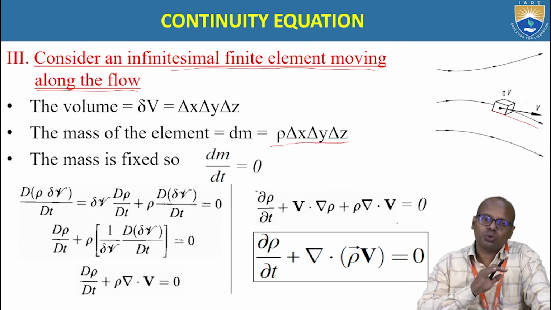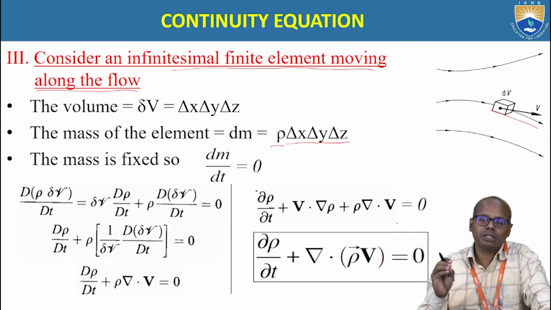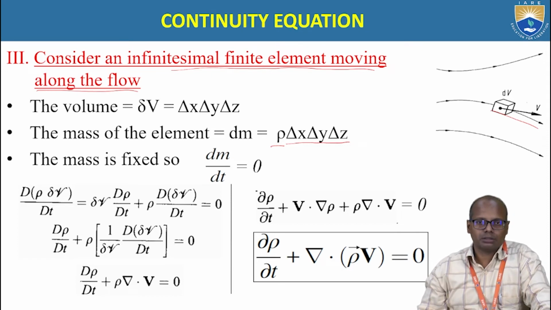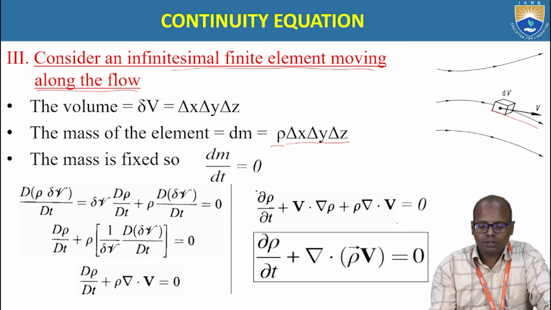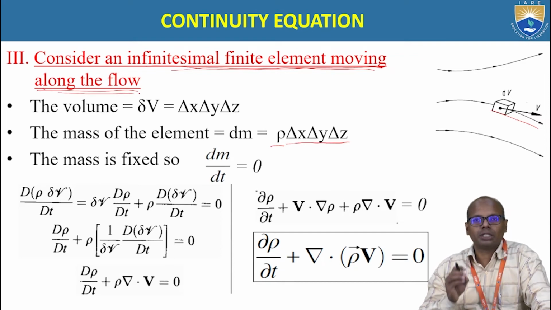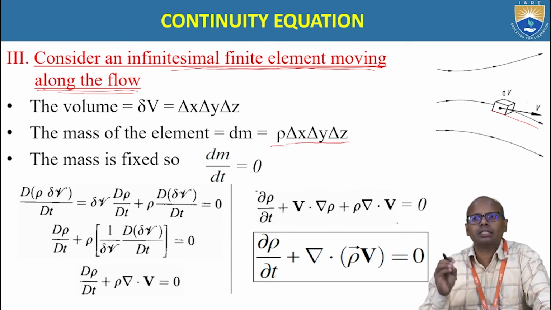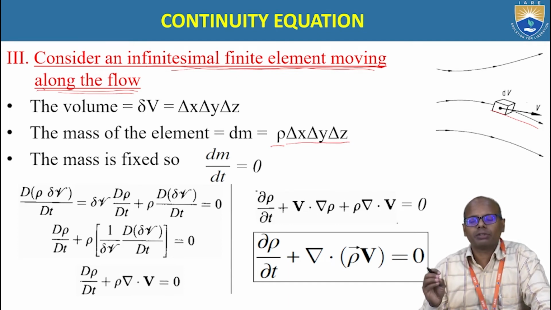Here there is no exchange of molecules between the element and the surroundings. In the case of the infinitely small element moving with the flow, there is no exchange of mass between the element and the surroundings.